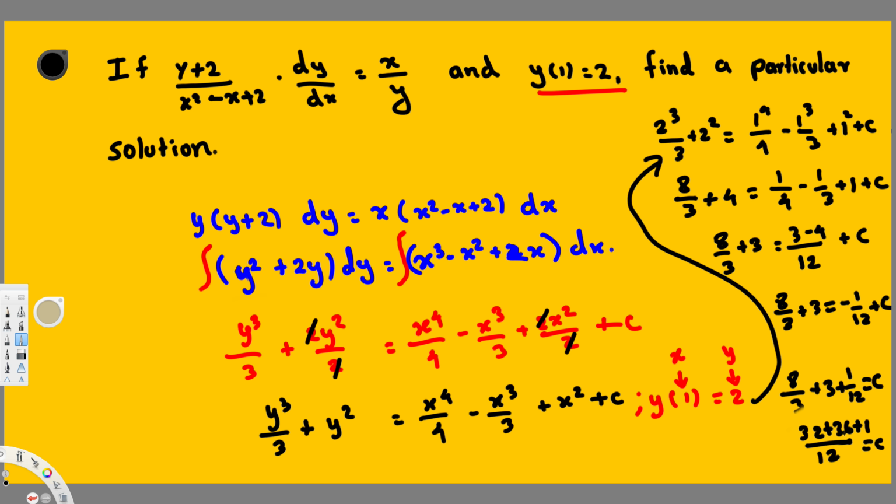And 32 plus 36 is 68, plus 1 is 69. So 69 divided by 12 is equivalent to c.